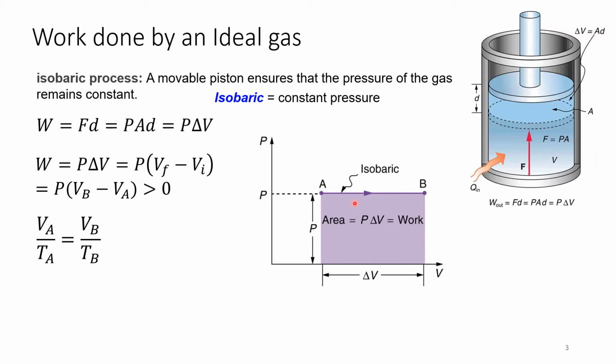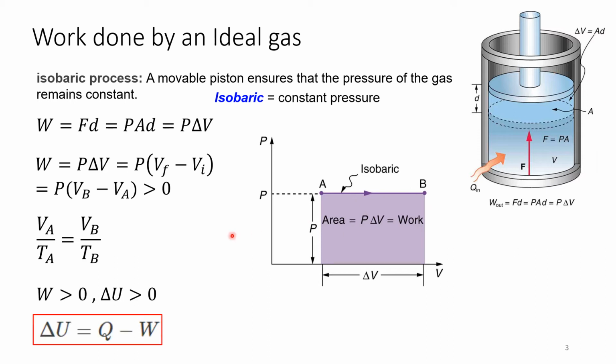Since the internal energy U of a system is the sum of the kinetic energy and potential energy of its atoms and molecules, U is actually increasing when the temperature increases, so that delta U is positive when the gas moves from A to B, because B is at a higher temperature.